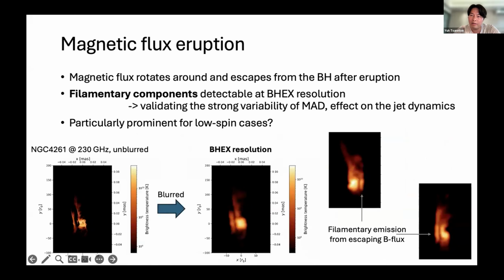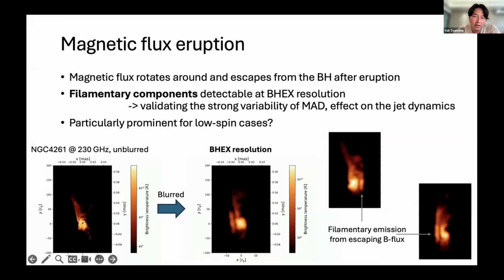Another interesting feature we can explore here is magnetic flux eruption. After a major eruption event, the magnetic flux can rotate around and escape from the black hole, producing some filamentary structures in the jet, as shown in the movie occasionally and also highlighted in the two panels on the right.